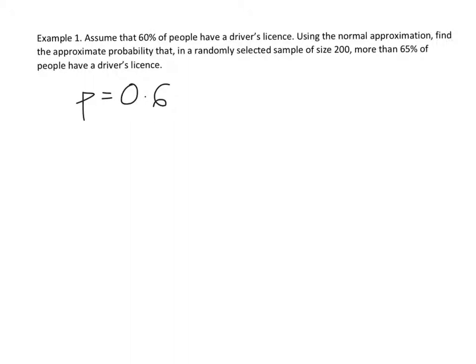Then we are told to use a normal approximation, which is helpful. A randomly selected sample of size 200, so n is 200. And we want to find the probability that more than 65% of people have a driver's license. So that means we are really asked to find the probability that p hat is greater than 0.65.